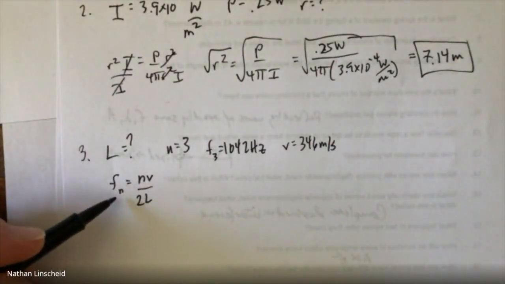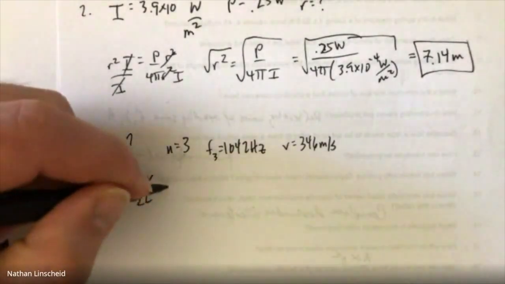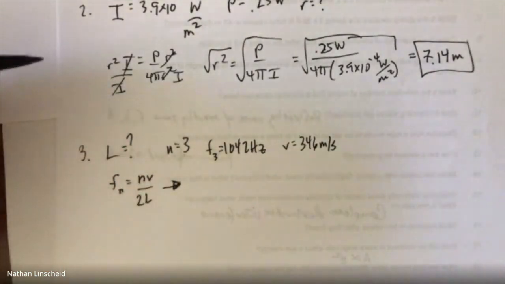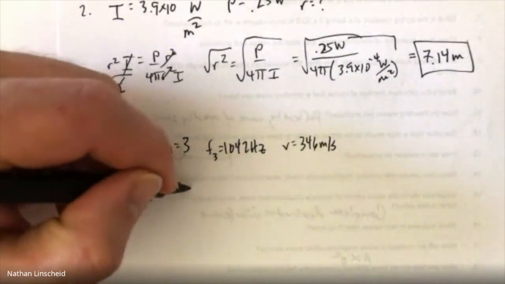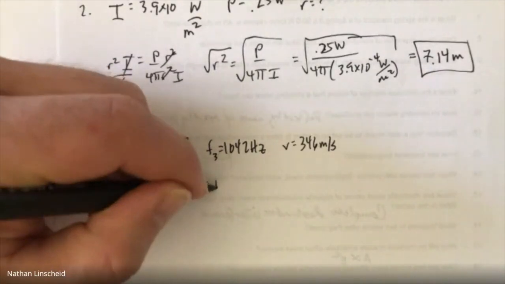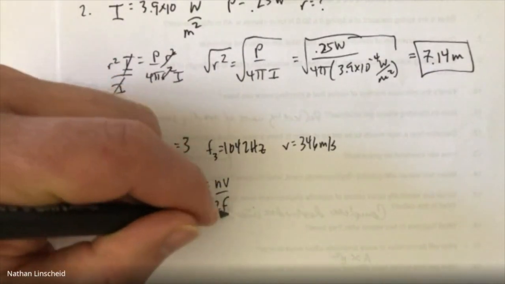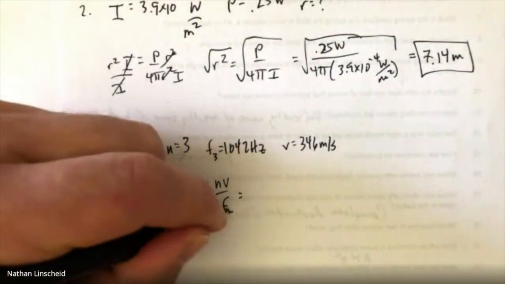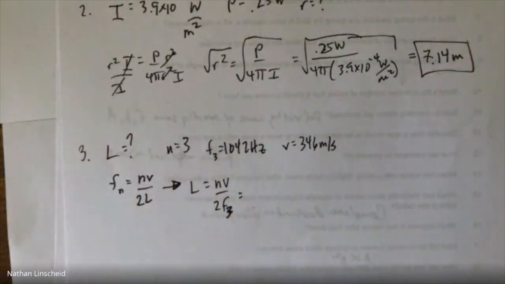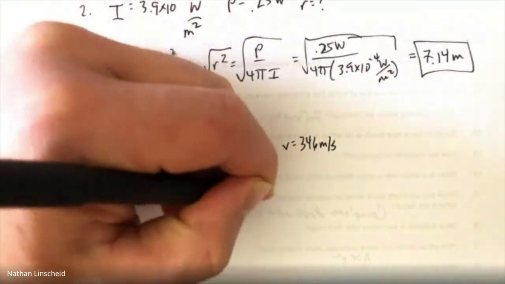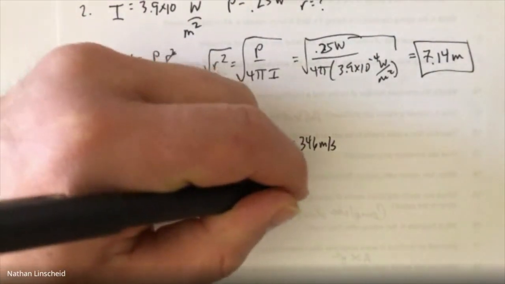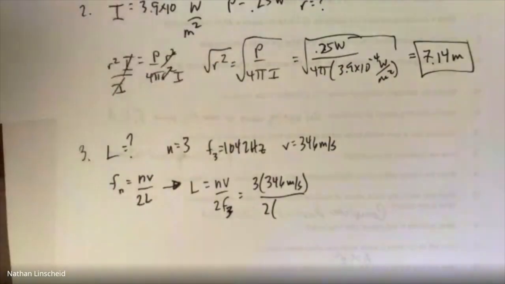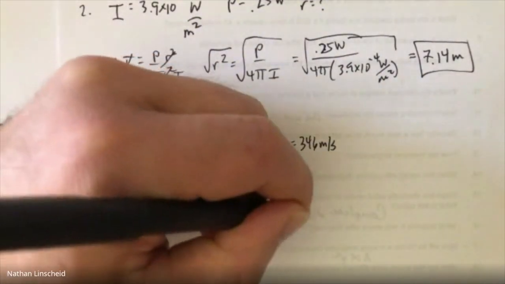So I'm going to solve for, I'm sorry, solve for L. I'm going to rearrange this. This is going to be L equals NV over 2Fn, and in this case it's F3. Okay, so this is going to equal 3 times 346 meters per second over 2 times 1042 hertz.